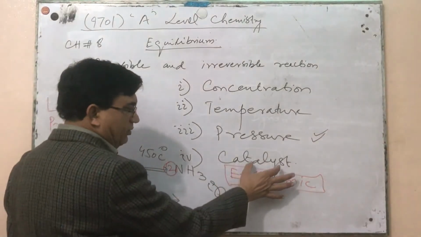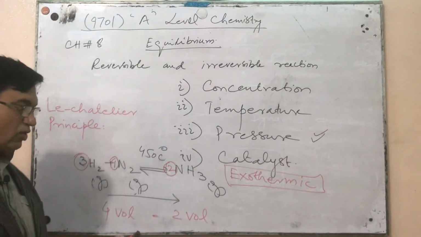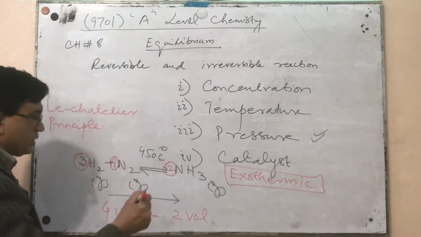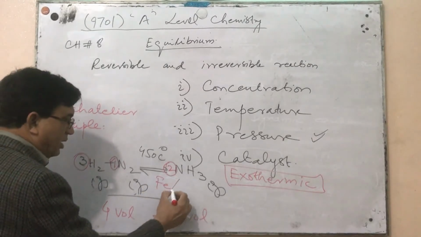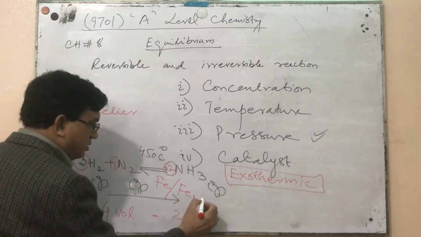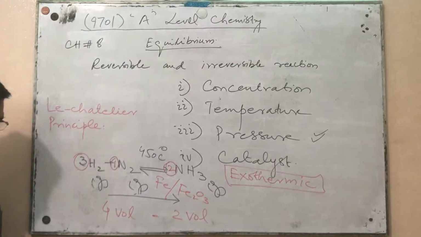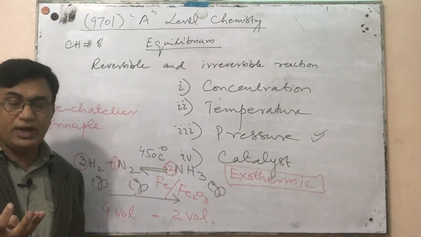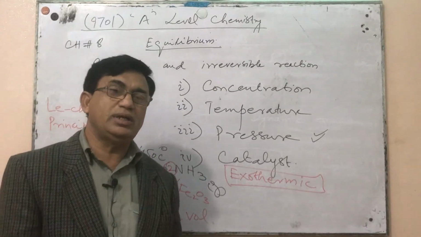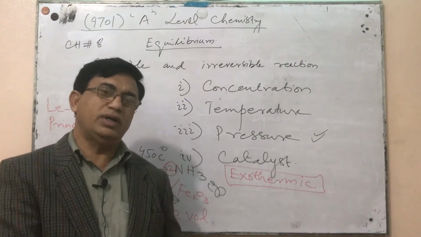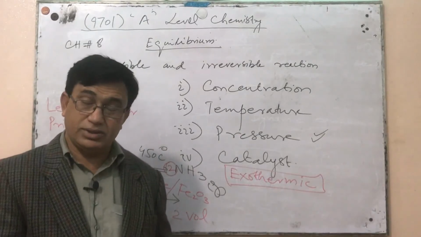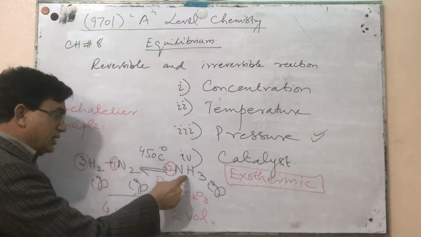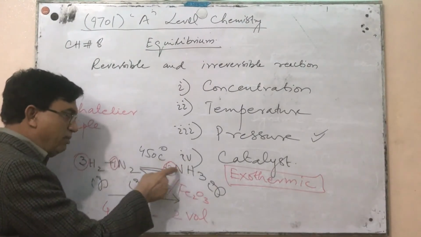Next is the effect of catalyst. For example, here in the case of the Haber process, we use a catalyst of iron and iron oxide. The definition of catalyst is a substance which increases the rate of reaction in both forward and backward reactions. The same catalyst is a catalyst for the forward reaction, and the same catalyst is a catalyst for the backward reaction.